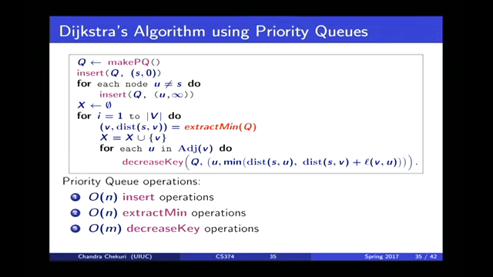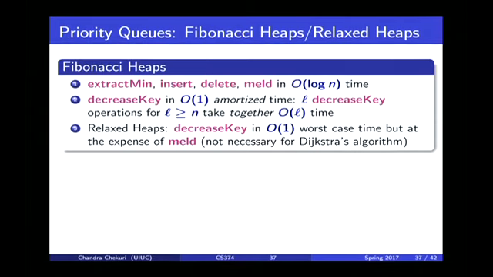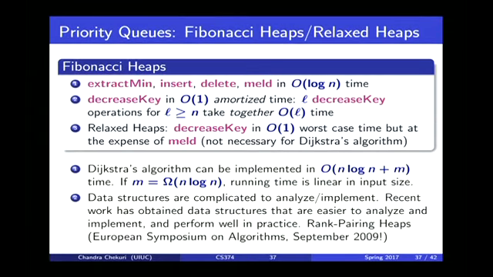I'm not telling you how to do decrease key, but if you do that, then you will get n log n plus m. Why is this good? If the graph is dense, we removed a log n from m. Instead of m plus n times log n, we are getting n log n plus m. That's good, no? So that's the reason to do it, right?